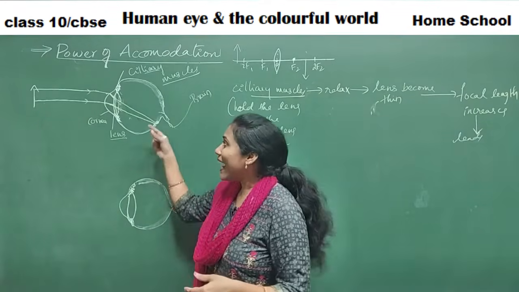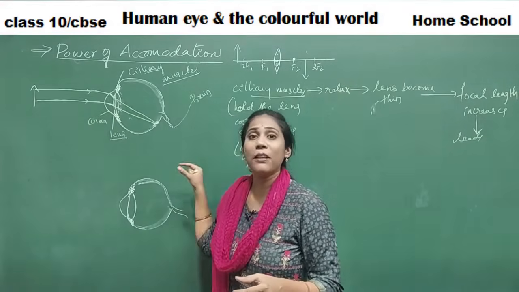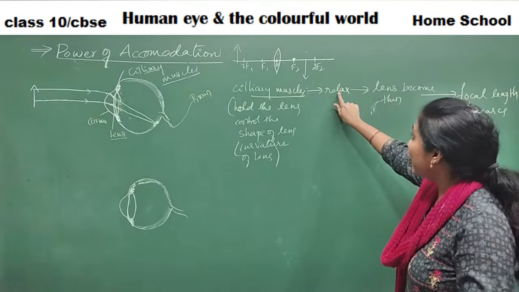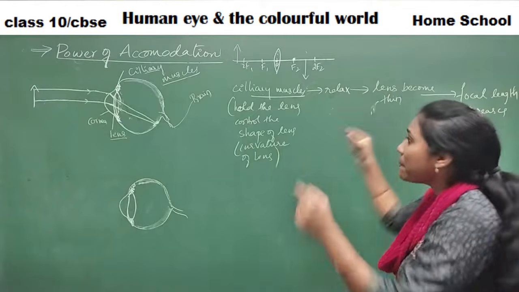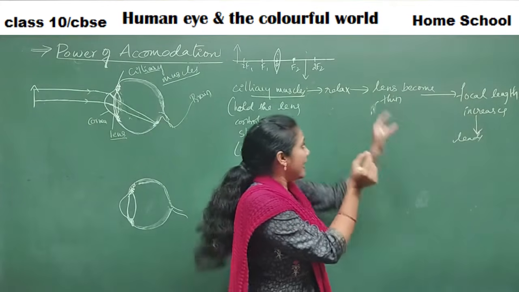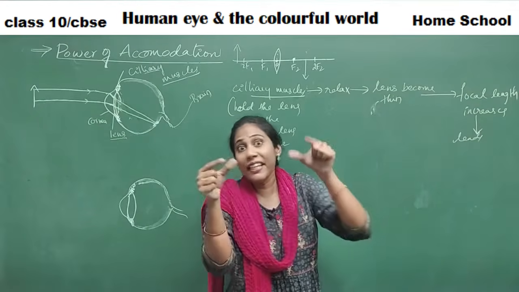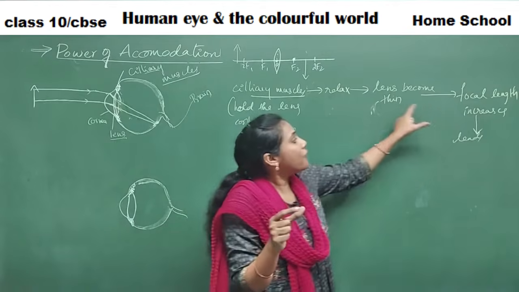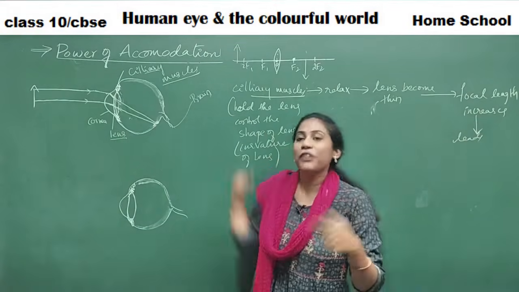So the moment I detect that the object is very far and the rays are coming from a very far away position, the ciliary muscles get relaxed. The moment they get relaxed, the shape of the lens changes, and the lens becomes thinner. The moment the lens becomes thinner, the focal length of the lens increases. Thinner lenses will always have longer focal length. Since the focal length is very long, the focus point shifts onto the retina now.